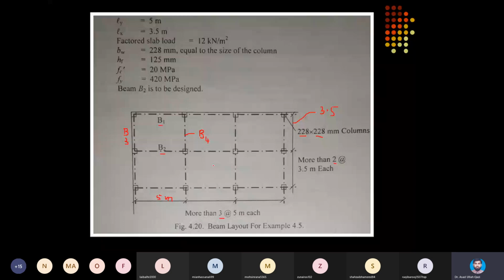So B1 will become the replica of the other edge, and B2 will remain valid for all interior beams along x-axis. Similarly, B3 will be the edge beam along y-axis, and B4 will become valid for all interior beams.